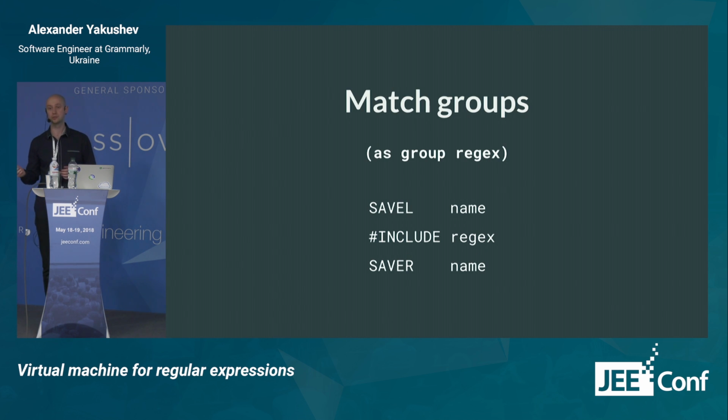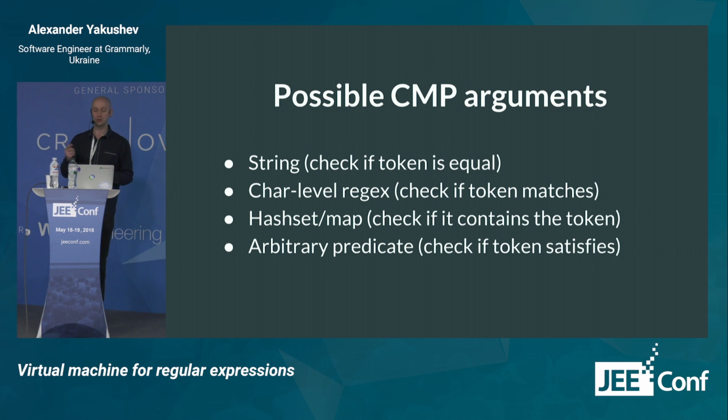And match groups, the syntax would be S, then the name of the group, and then the regular expression. That's just save left, the regular expression you want to match, and then save right. Also, I've shown you only examples where the argument to compare was just a character, but the whole point was that we want more than that.